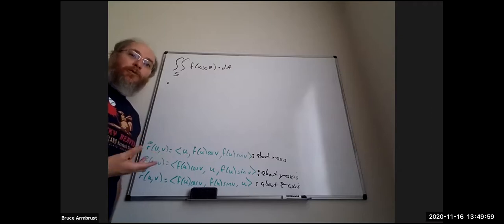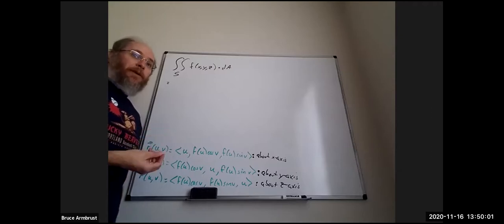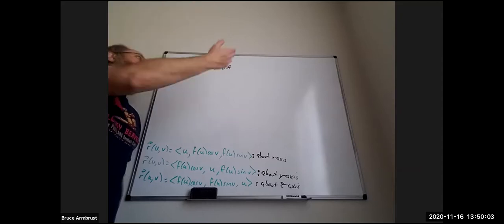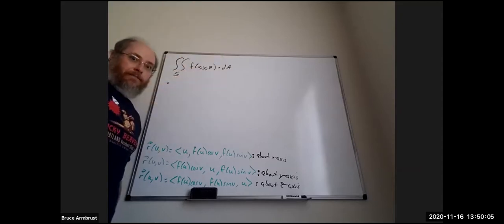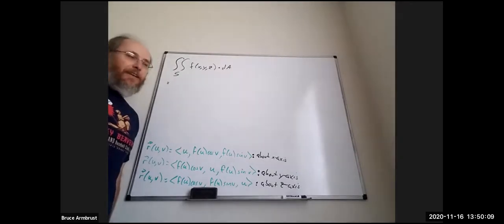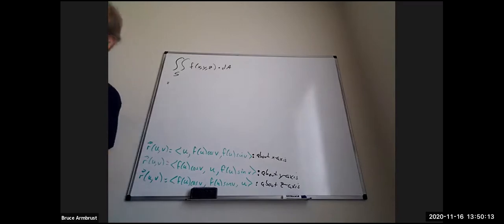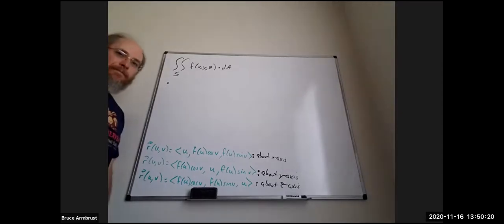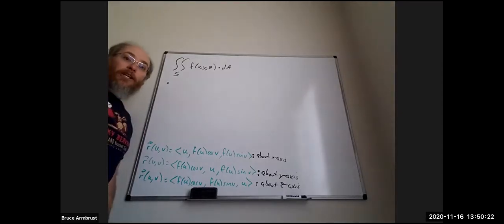But we need the Jacobian over this guy. All right, so how do you find the Jacobian? So Victor put on there, find dx du, dy dv. All right, yeah, we're going to want to do exactly that.